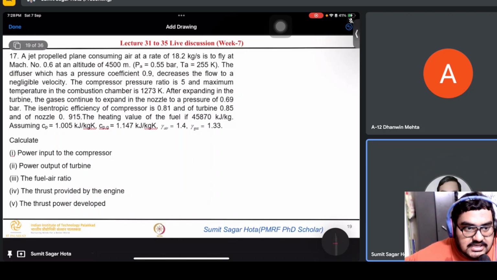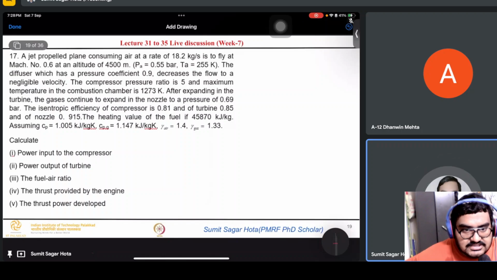A jet propelled plane consuming air at a rate of 18.2 kg per second is to fly at a Mach number of 0.6 at an altitude of 4500 meter, and the ambient pressure and temperature are 0.55 bar and 255 Kelvin. The diffuser, which has a pressure coefficient of 0.9, decreases the flow to a negligible velocity.